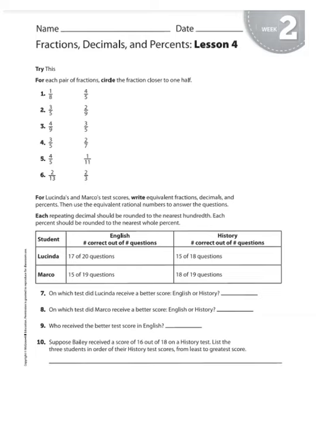On your practice page, on 1 through 6, you are going to circle the fraction that's closer to 1/2. So again, you have to take these fractions, turn them into decimals. So 1 divided by 8 is 0.125, and 4/5 is 0.8. And again, 1/2 as a decimal is 0.5.